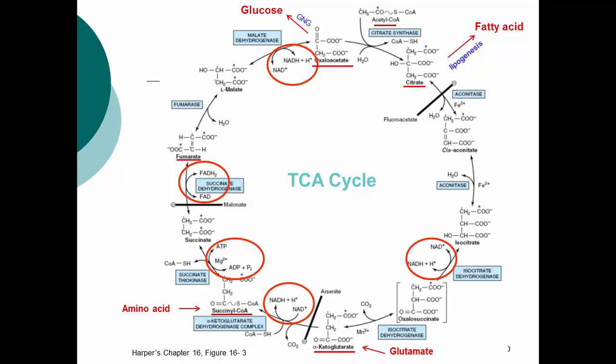Acetyl-CoA is the key molecule that enters the TCA cycle. In the first reaction of the TCA cycle, acetyl-CoA together with oxaloacetate condenses to citrate. So citrate is also very important. It's the first product in the TCA cycle, converted from acetyl-CoA and oxaloacetate, and citrate then leaves the TCA cycle and goes to the lipogenesis pathway for synthesis of fatty acids, which we're going to talk about later.